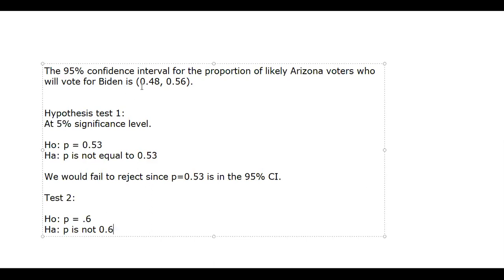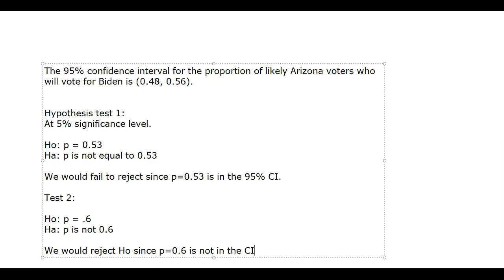So we look at our confidence interval and 0.6 is not in there. So that means we are going to reject H naught, since 0.6 is not in the confidence interval.